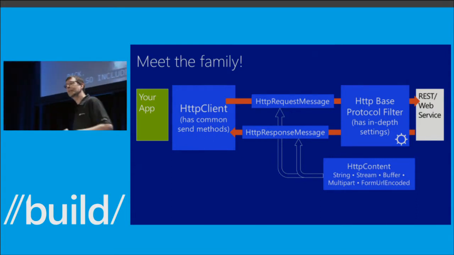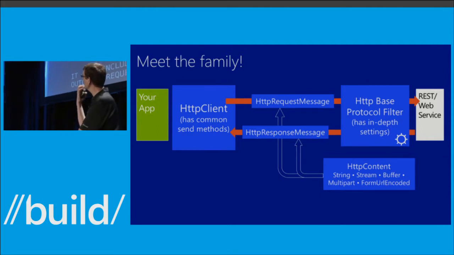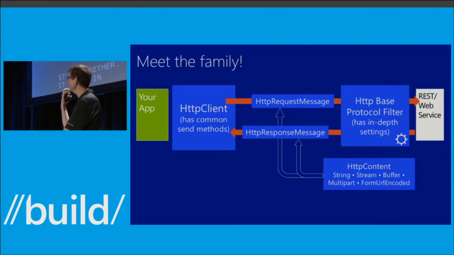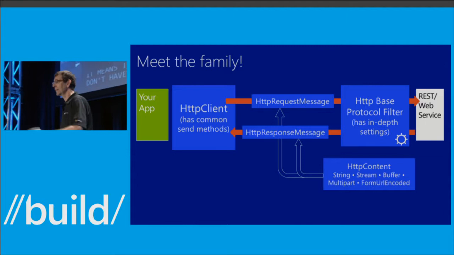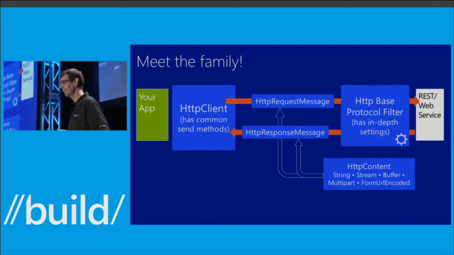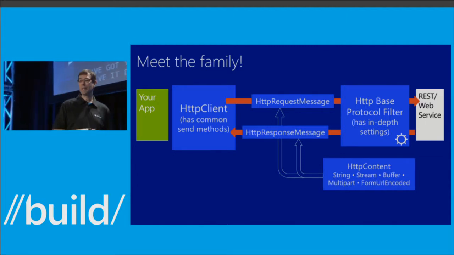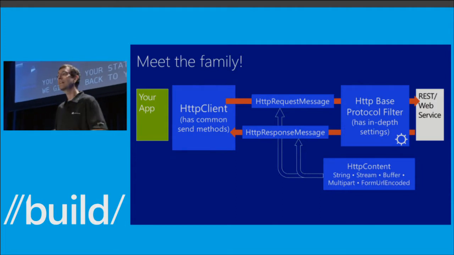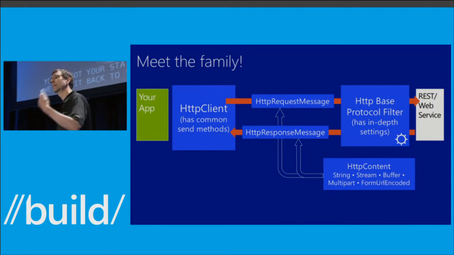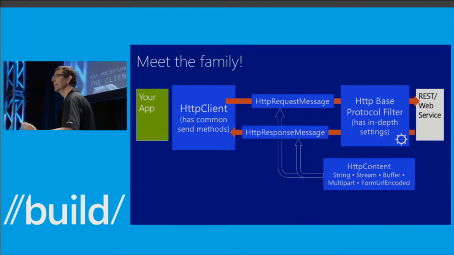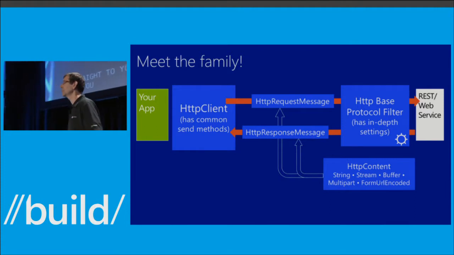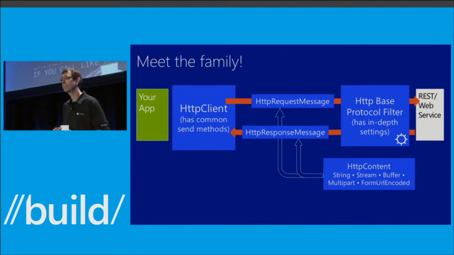It means in your app code, you don't have to remember, well, I called something or other, and I don't remember my state now. You've got your state, because we give it back to you. The response message goes back to the HttpClient object, and then it just returns it straight to you. If you call like a get async, you get back this response message, all neatly bundled together.